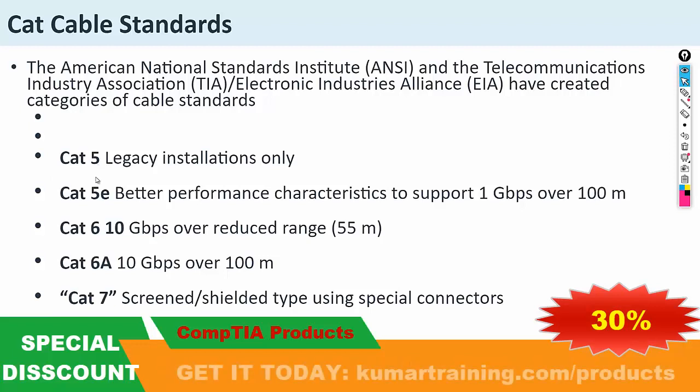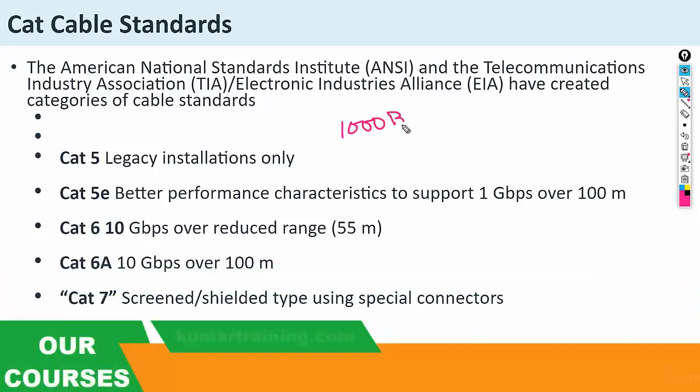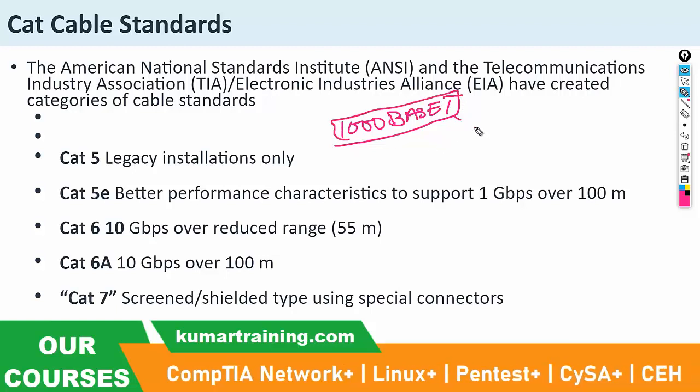CAT 5E has better performance than CAT 5 because it can support 1 Gbps data over 100 meters. For example, if you are using Ethernet with 1000BASE-T, the cable must be CAT 5E minimum.